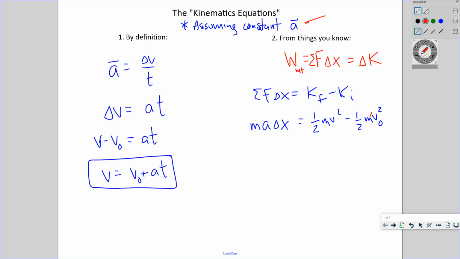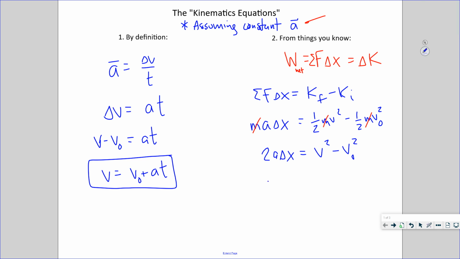Notice we can divide every term by M. I can multiply every term by 2, and what I get is 2A delta X is V squared minus V naught squared. And if I move things around, I get this. That is the second of the kinematics equations.